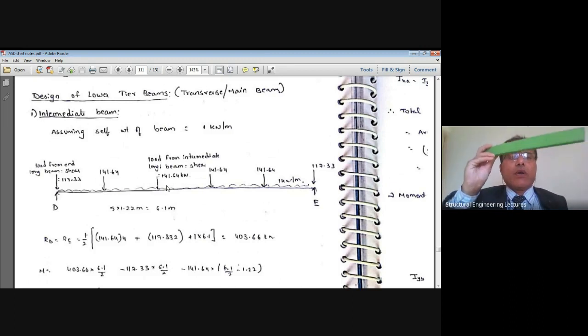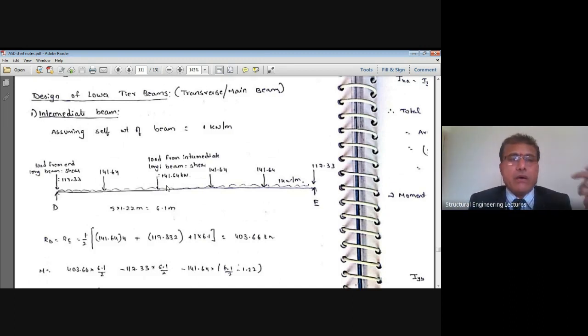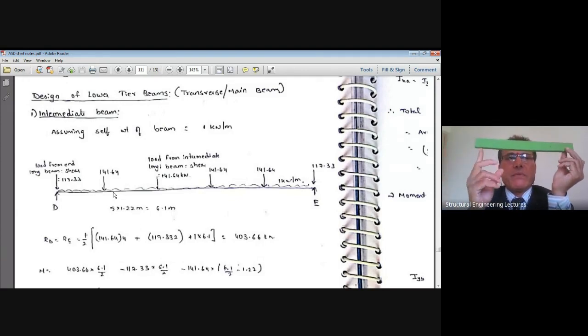Therefore, what is the load coming on to this interior beam, right? Now, that is how the loads come on to this interior beam of span 6.1 meter, because only after 6.1 meter there is a support in the form of columns like this, right? Therefore, the distance between these columns is equal to 6.1, which is also 5 multiplied by 1.22, because at every 1.22 there is a stiffener which is supported on the girder.